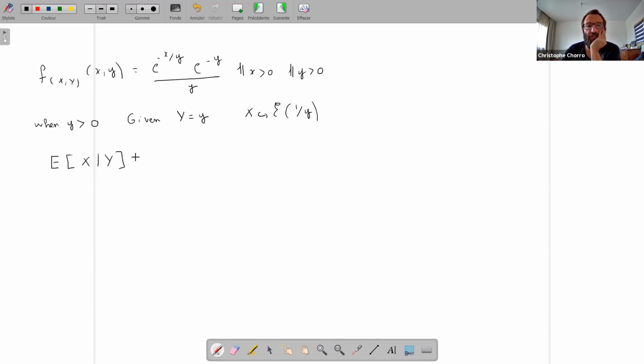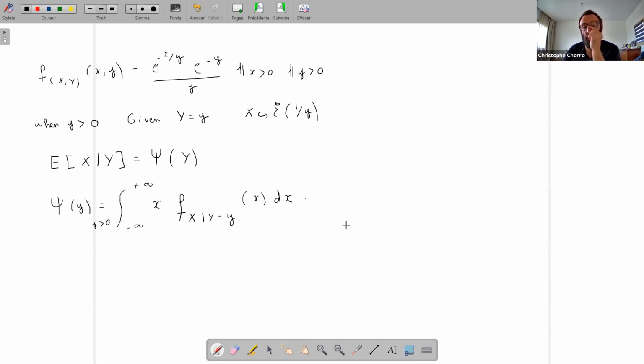From my previous definition, it will be a function of y, where this function is given by the integral from minus infinity to plus infinity of x, because I have x here, multiplied by the conditional density function of x given capital Y is equal to small y, dx. And I have to compute this one for y strictly positive, that is the set of the possible values for capital Y.